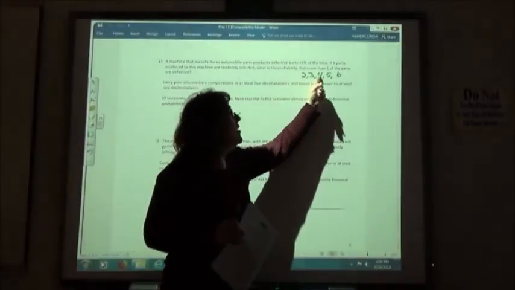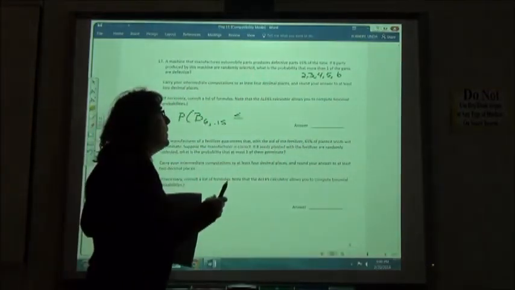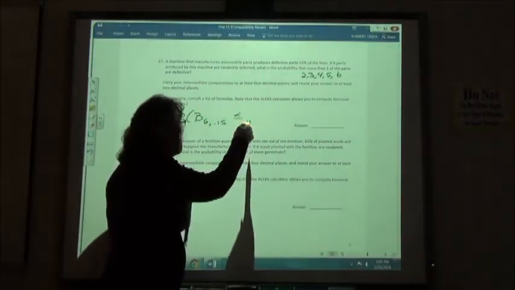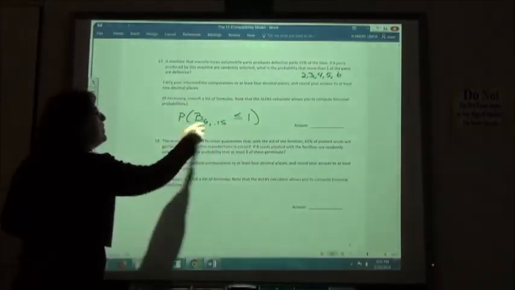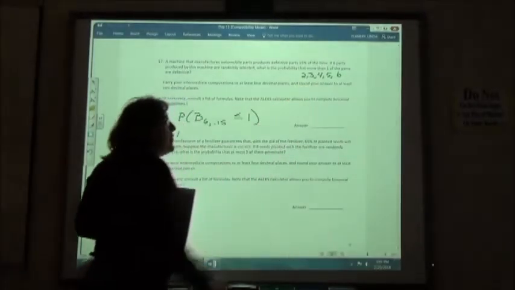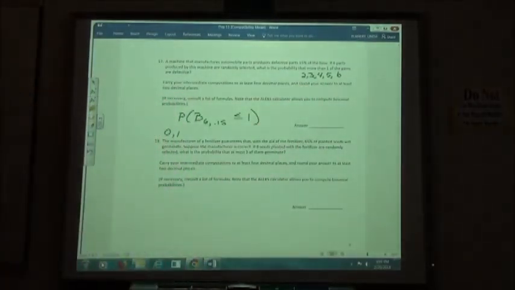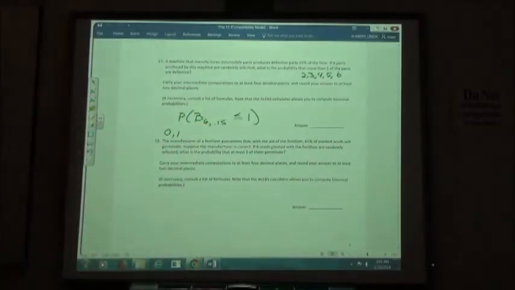If we think about these are the numbers we want to use, we're going to be less than or equal to 1. Now that's going to give us the probability of 0 or 1. We're really going to find that probability, so again, once we're done, we're going to take 1 minus our answer. So if you punch this into your Alex calculator and give me 4 decimal places, what do you get?